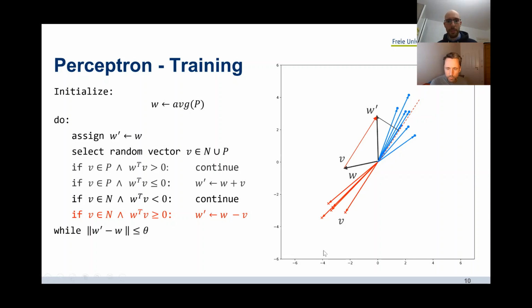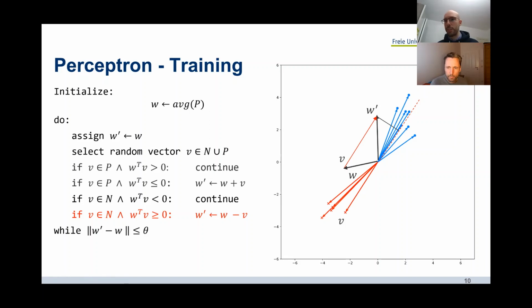Because, the point is, if we use a learning rate on the v, the v is telling us how we update our vector. So what this would do is scale down our vector, and the shift of the w is going to be smaller, or larger, if we set a proper learning rate than just subtracting the unscaled v.